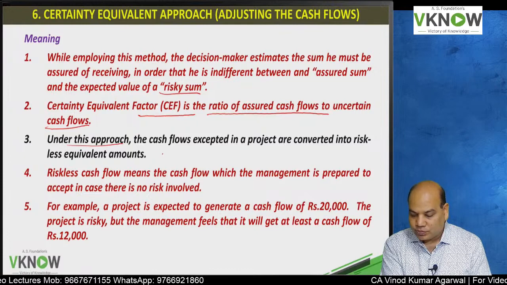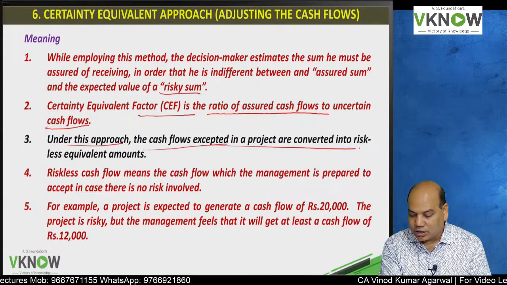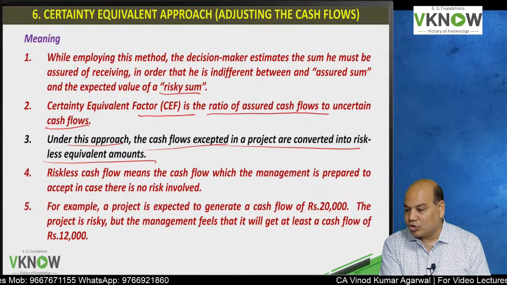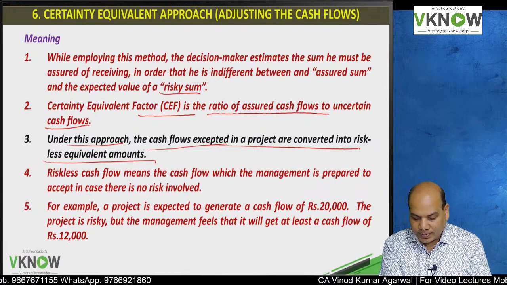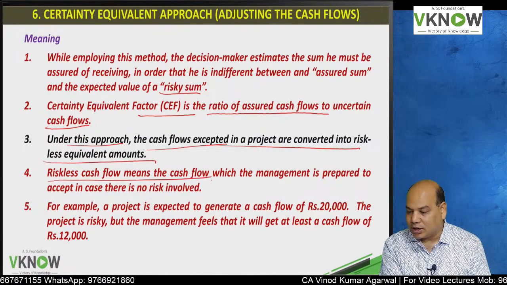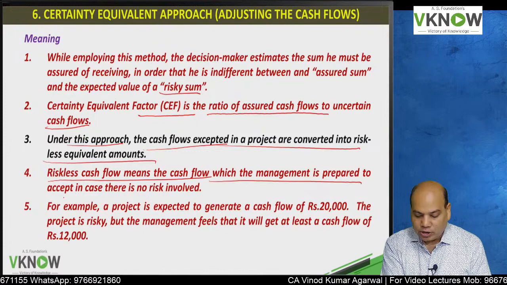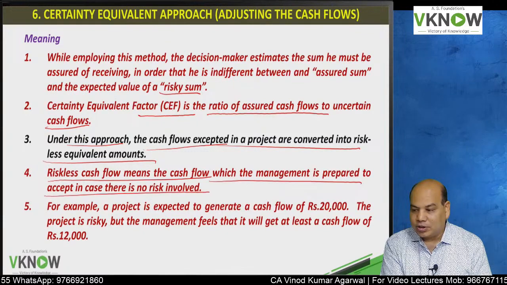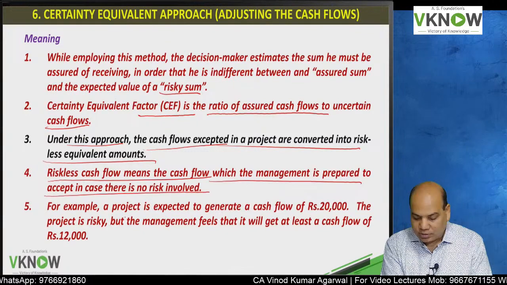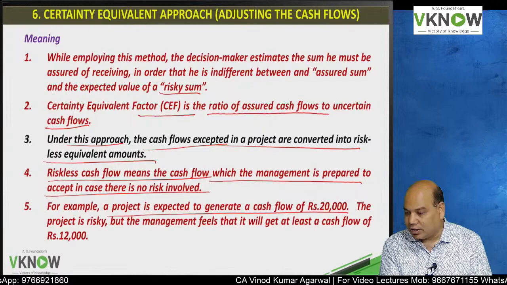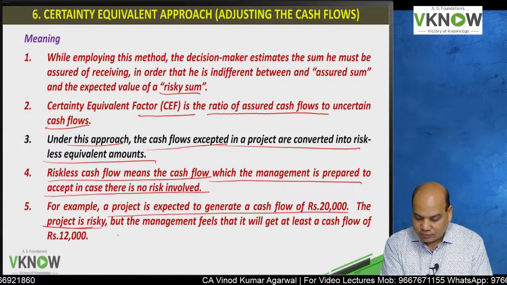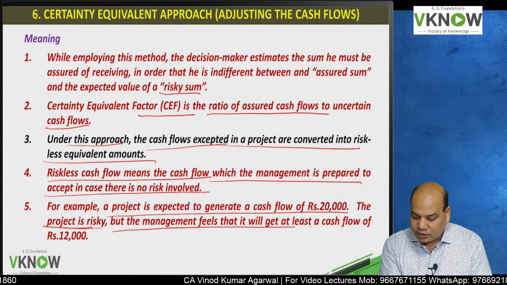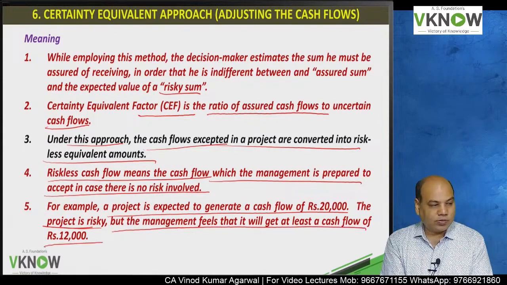Under this approach, the cash flows are converted into equivalent risk-free cash flow. Risk-free cash flow means that cash flow which management is willing to accept had there been no risk. For example, a project will generate 20,000 cash flow if it is risky, but the management feels that it will get at least a cash flow of 12,000.